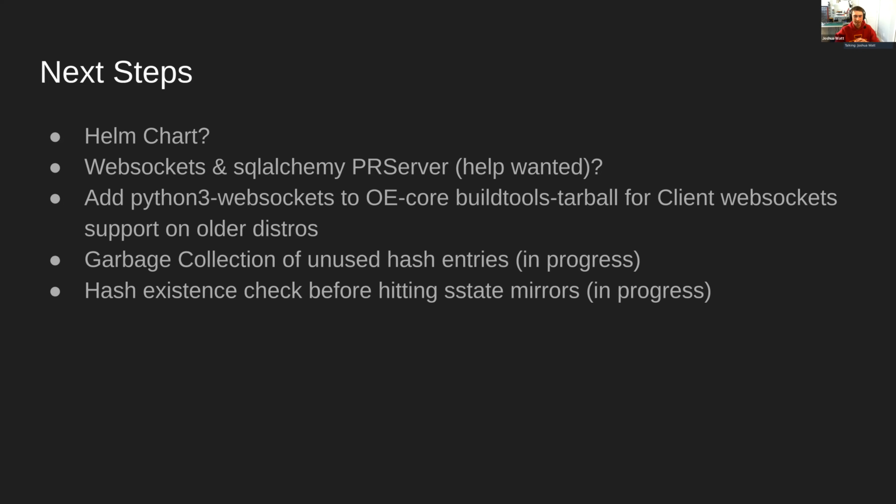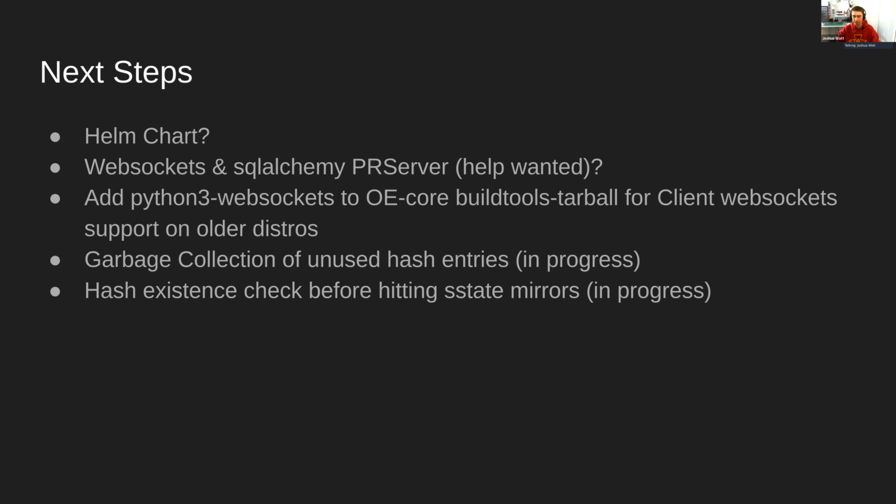And then we've also got patches in progress to do hash existence checking before hitting the state mirrors. There's been kind of this thing since the Yocto sstate is now distributed via CDN. That's great, but sstate inherently generates a lot of requests for files that simply don't exist, and CDNs really don't like that.